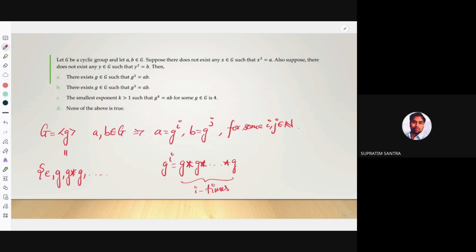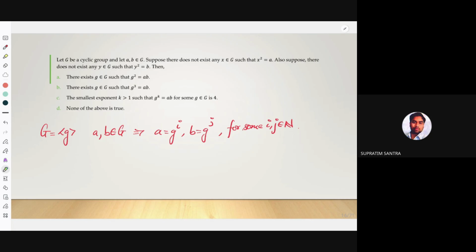Since we aren't given finite, it can keep going. So instead of writing star, we just write it as g power i. That's just notation. Anyways, now we have just dissected the information given in the first line.